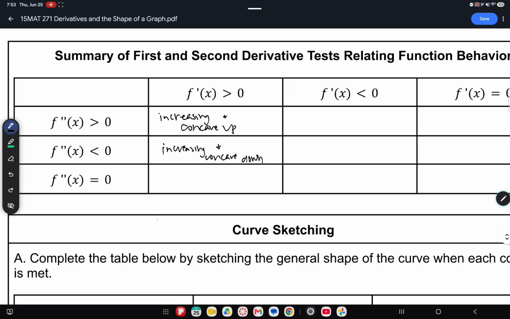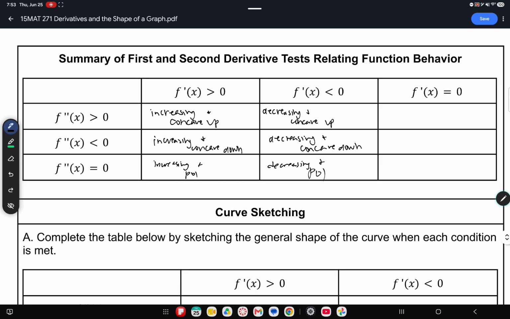And then if the first derivative is positive and the second derivative is 0, then we're increasing and there's a point of inflection. All right, if the first derivative is negative, the only thing that changes from that first column is instead of increasing, we are decreasing. So decreasing and concave up. Decreasing and concave down. And decreasing and point of inflection.